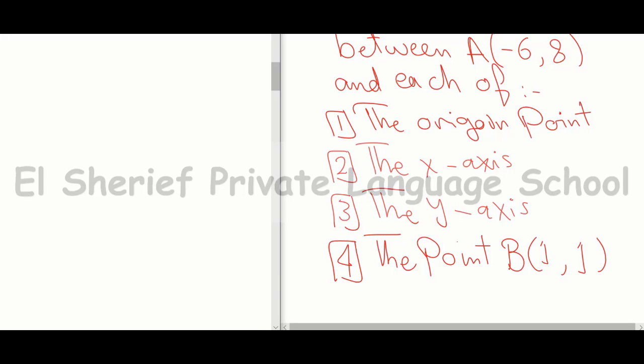Number 4, we want to find the distance between the point A, negative 6 and 8, and the point B, 1 and 1. We know before that the distance between A and B, taking from the rule, is the square root of x1 minus x2 all power 2 plus y1 minus y2 all power 2.